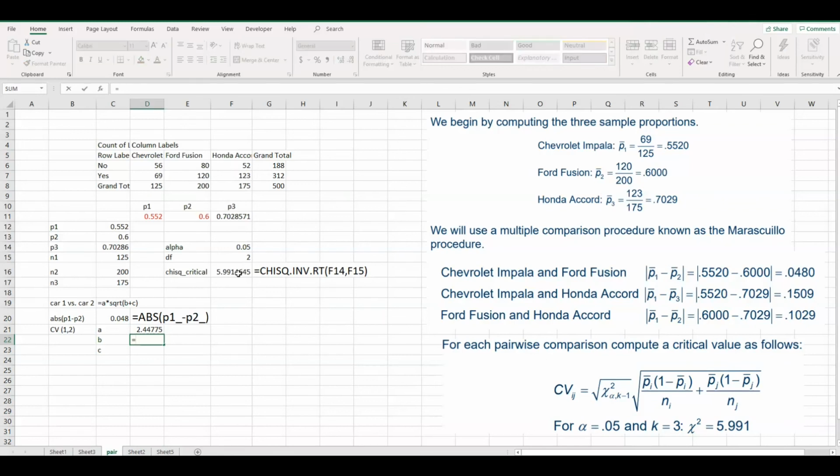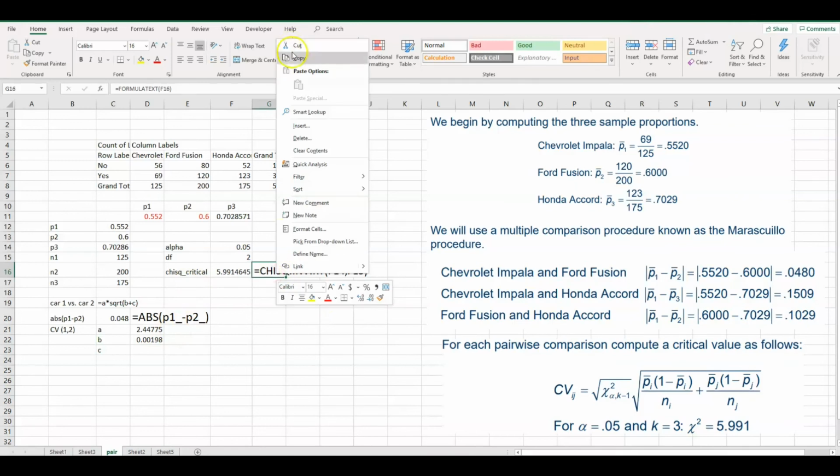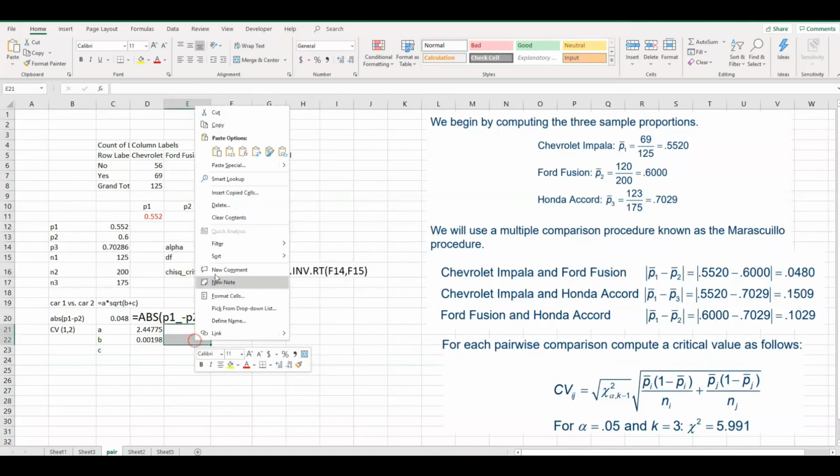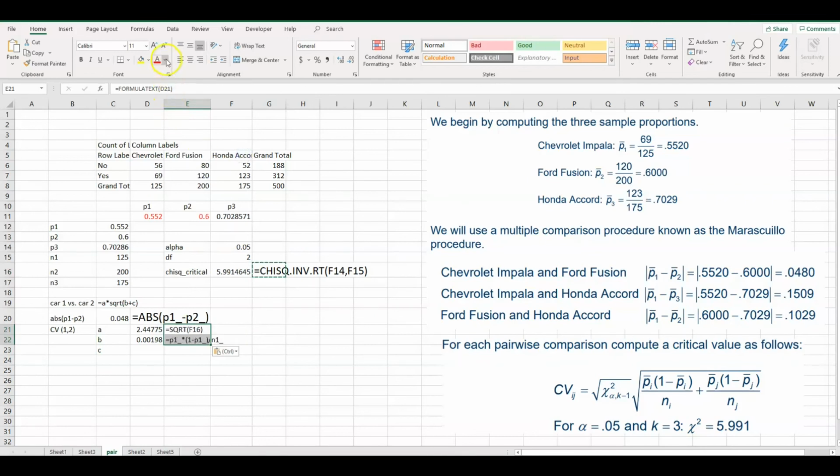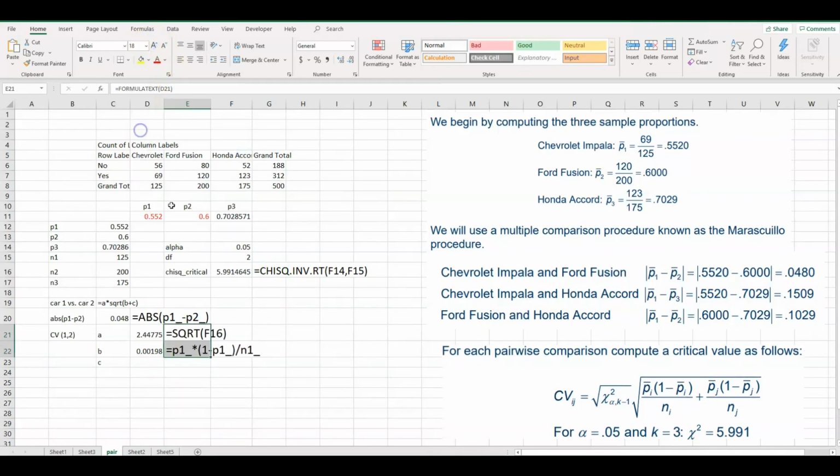Our B value will be, you see here, P1 underscore times 1 minus P1 underscore, divided by N1 underscore. I'm going to show the formula and copy this one to here. So A is simply the square root of the critical value, 5.99.